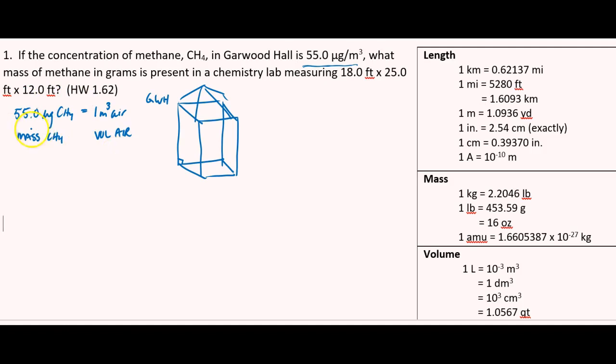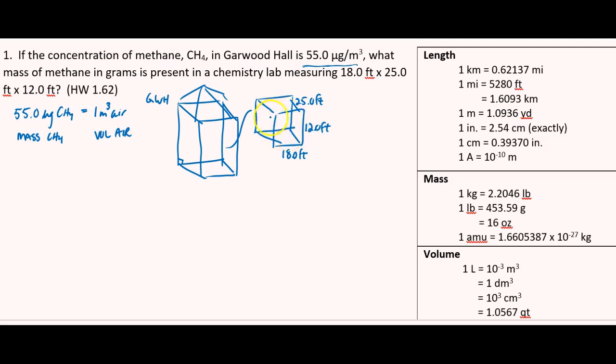So they want to know, given this relationship, what mass of methane in grams is present in a chemistry lab. There's some lab here, and they're giving us the dimensions. This is a lab in Garwood Hall. It's 18 feet by 25 feet by 12 feet.